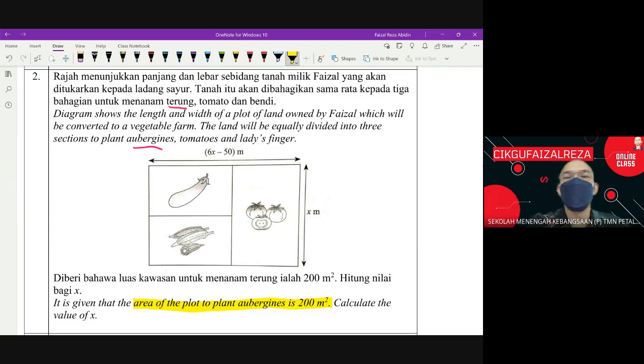What do we have here? The land will be equally divided into 3 sections. Equally divided. What does it mean by equal? Do we know our land area?